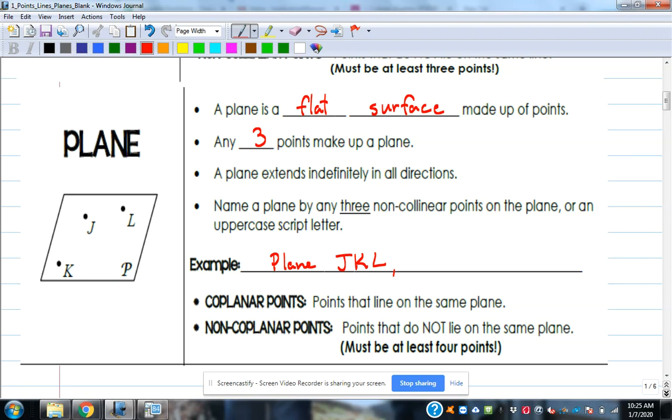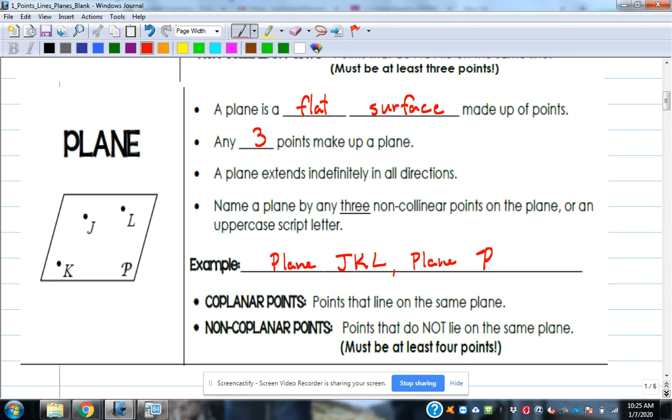It can be in any of the corners, but they'll put a script uppercase letter in there. So a cursive. This one, it would be plain P. Forget my cursive P's. But again, it'll look a little fancier on your diagrams than the other points. And there won't be a dot beside it, so you know it's not a point. That's the name of the plane.